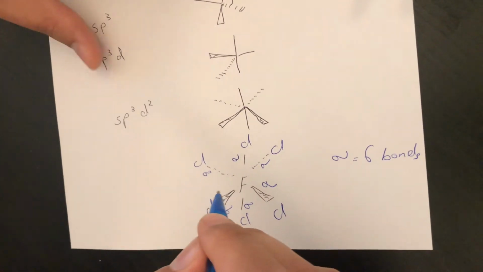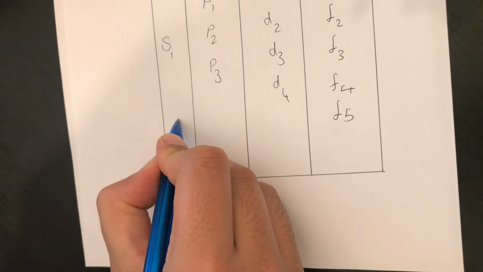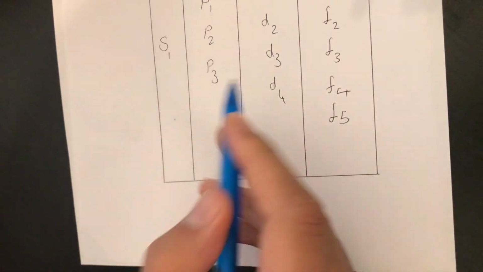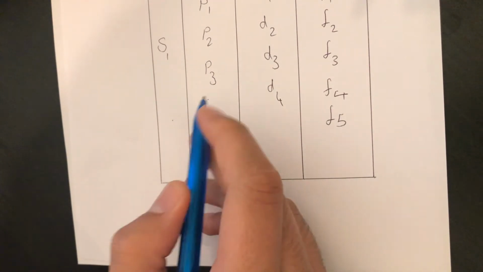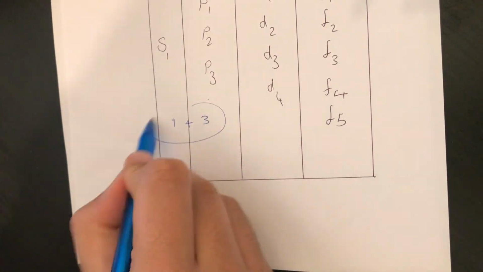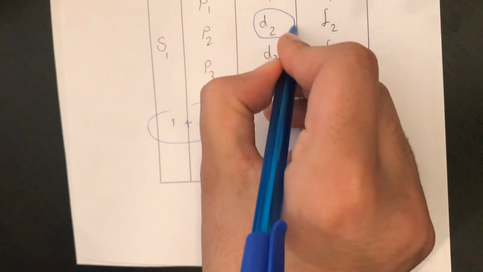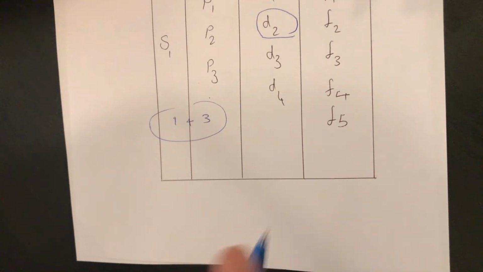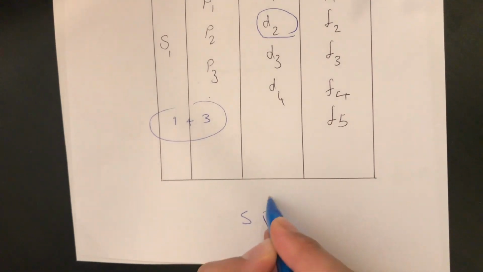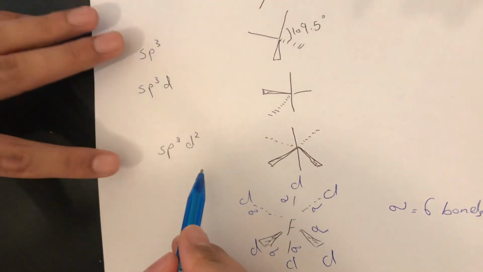So going back to the chart, S is 1, P we have 3, but 1 plus 3 is only 4. Is it enough? No. How many do we need? We need 6. So we can borrow some from the D orbitals. So it's going to be sp3d2, which we already have here.